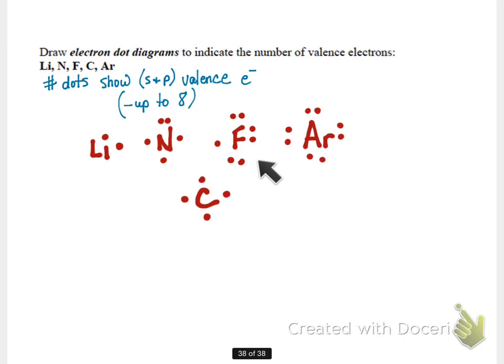So it has a total of 7 valence electrons, so it gets 7 dots. Argon has 8 valence electrons, and you can see this is why argon is a noble gas. Doesn't want to bond because all of its valence electrons are filled. Carbon has 4, and again we write them unpaired, 1, 2, 3, 4 by convention, and this helps us to figure out bonding later on. So this is a useful feature for electron dot structures when we get into bonding.